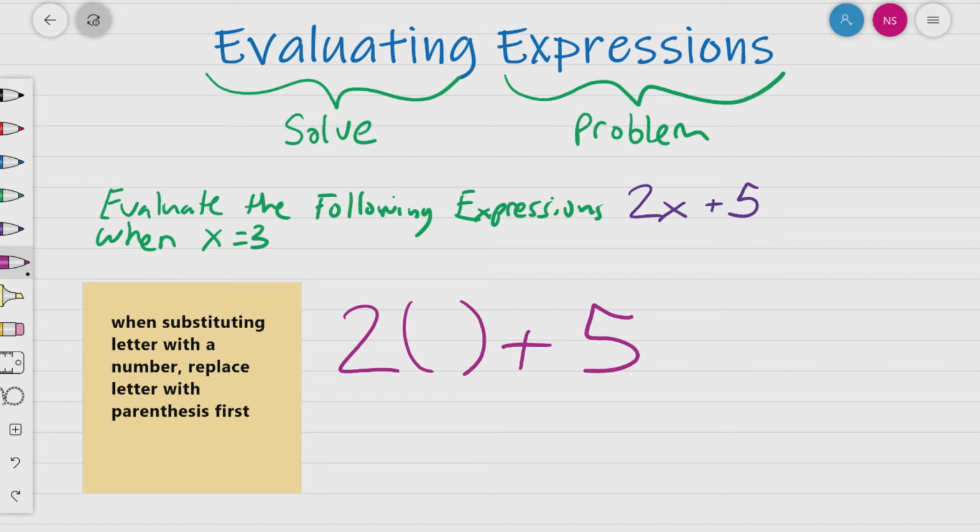When substituting letter with a number, replace letter with parentheses first. That is an extremely important rule. That's your first algebraic rule that you guys must always follow from this point forward, okay? You must substitute the letter with parentheses first. Why? Because then you get to do what I said, which is inputting that value in. So now you put in the 3. All right.